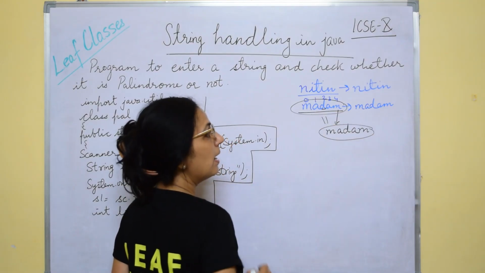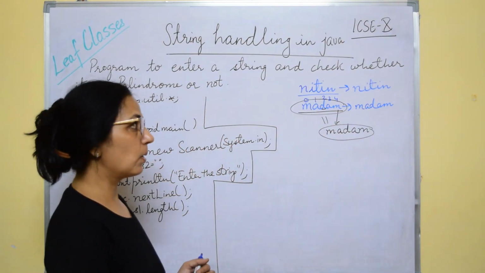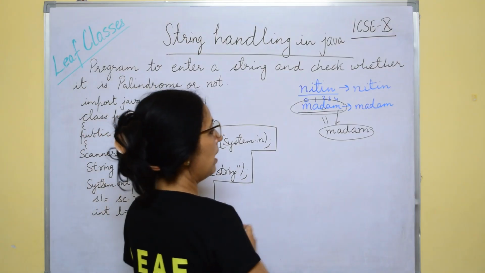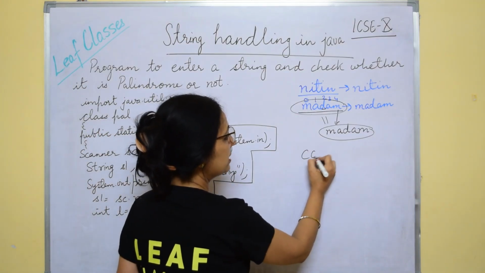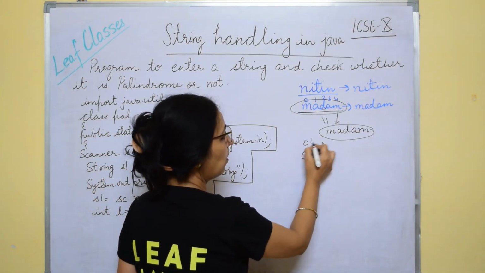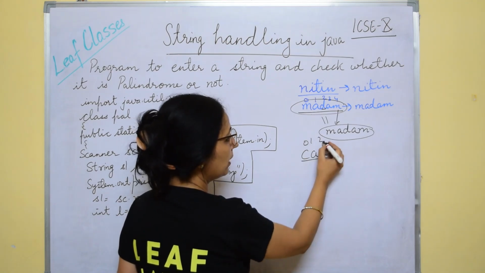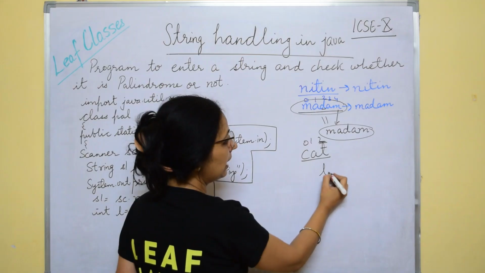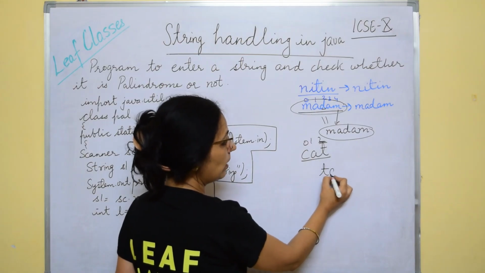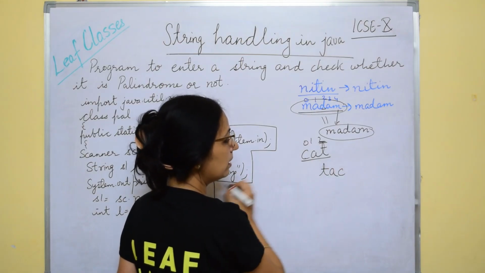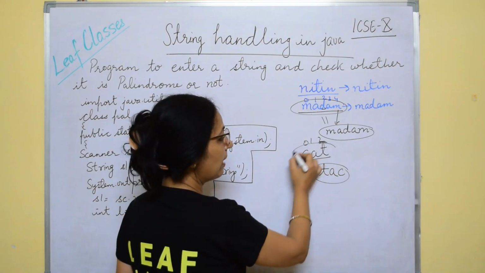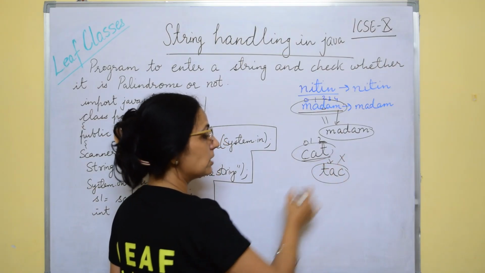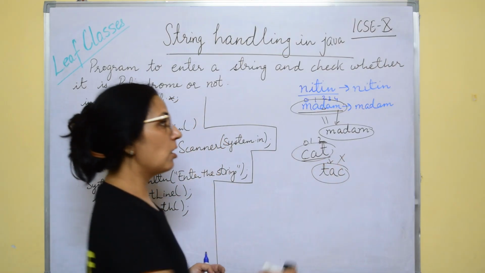After that we'll compare both strings. Let me give you another example. Say it is CAT, indexes 0, 1, 2. For the reverse, we start from the last index, T, then the next one A, and then the next one C. When we compare, both strings are not equal, which means it is not a palindrome.